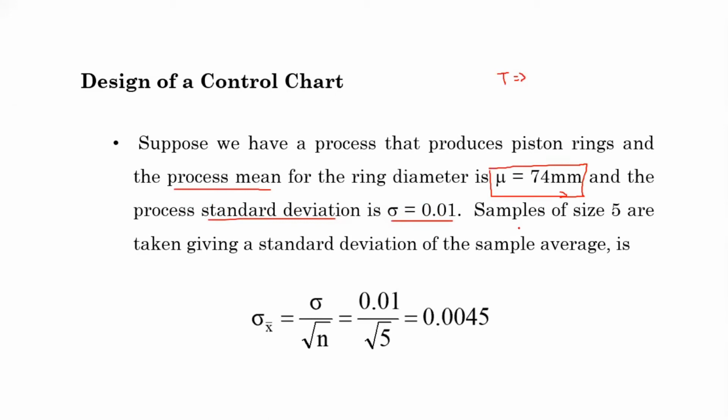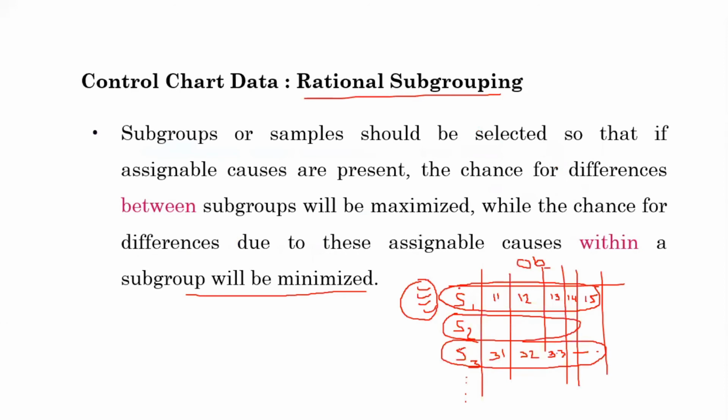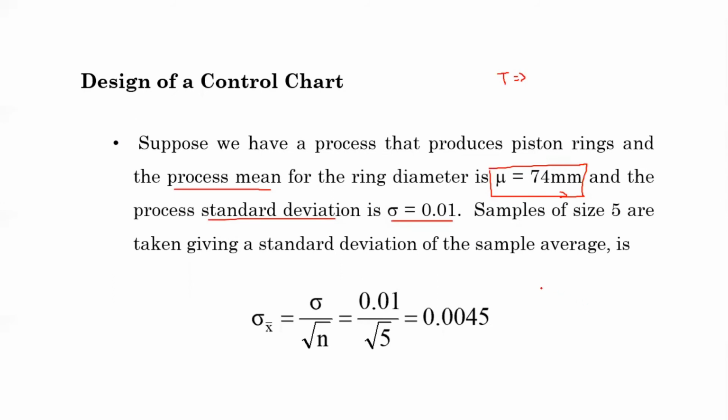Let me take you back: this is one sample, and we have 5 observations, so the sample size is 5. The standard deviation of the sample average would be the standard deviation divided by the square root of the sample size, the number of observations in a sample.